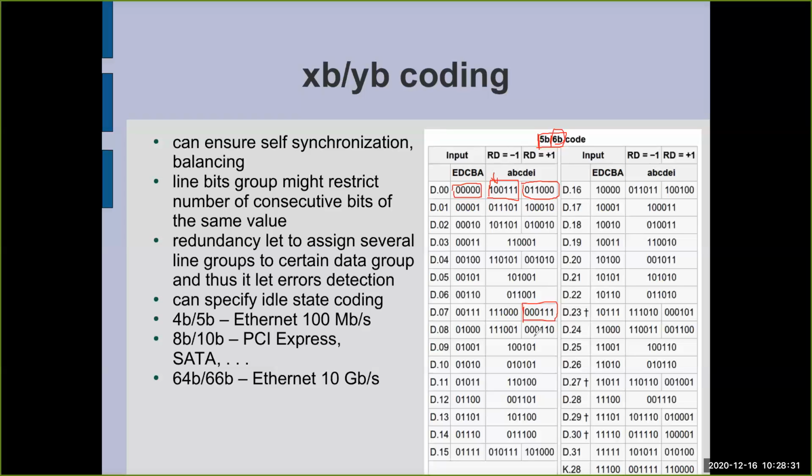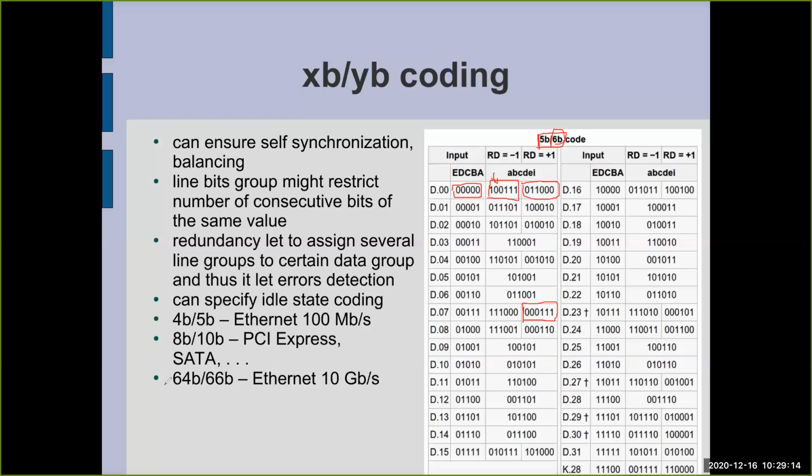This method adds only a single or several bits per line code, and we achieve self-synchronization which works better than NRZ or other line coding methods. Therefore, this method is used in different interfaces like Ethernet, like PCI Express, like Ethernet 10 gigabits. Of course, we have different blocks of data. In PCI Express, we have 8B over 10B.